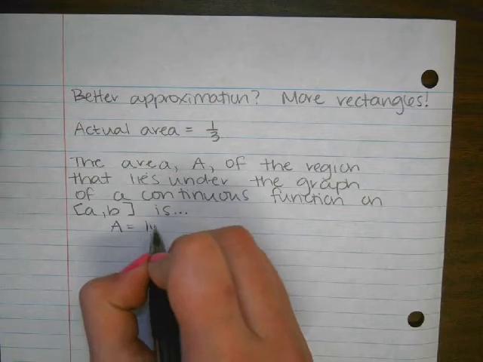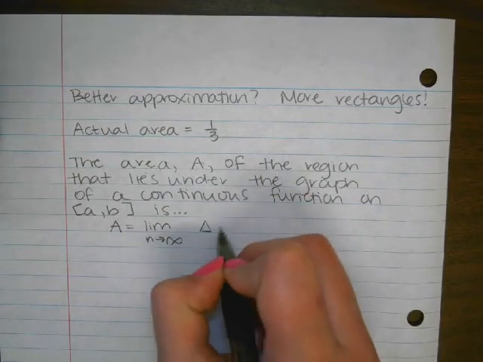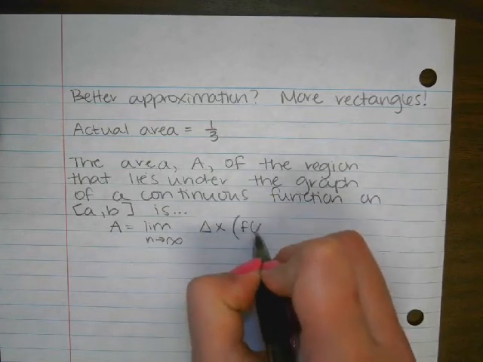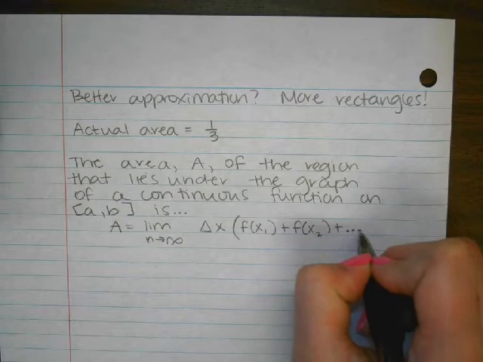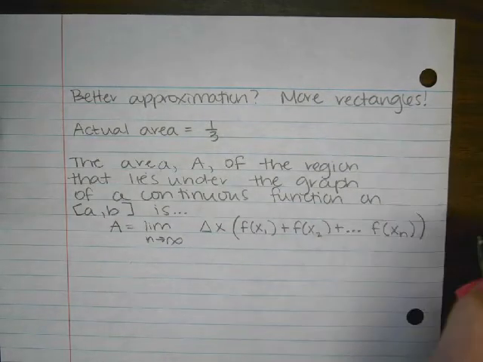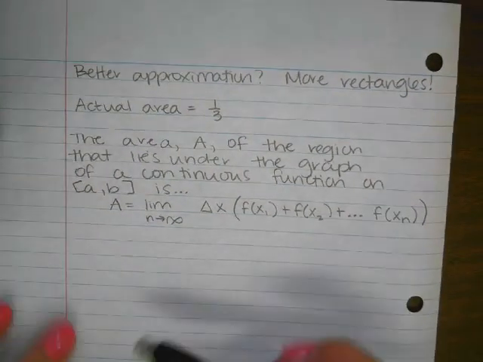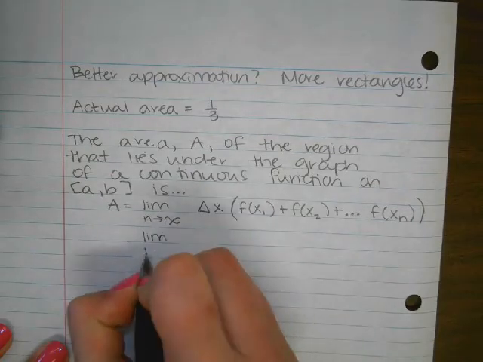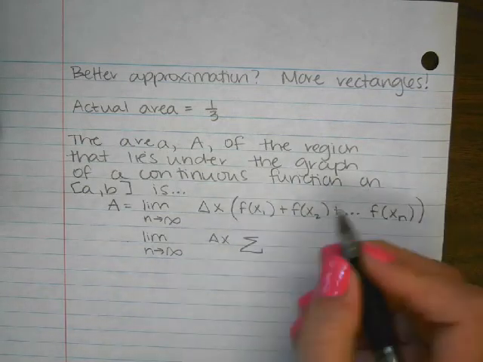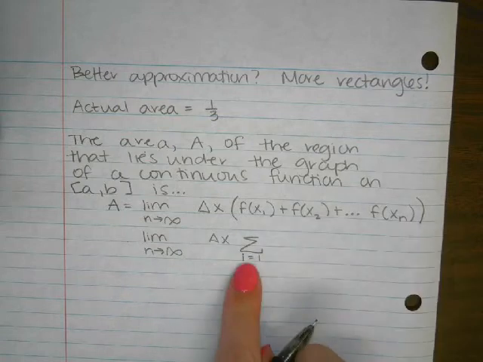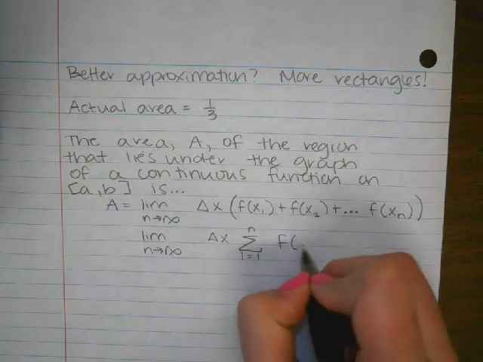We have the limit as n goes to infinity of delta x times f of x1 plus f of x2 plus f of x sub n, which is the limit as n goes to infinity of delta x times the summation as i equals 1 to n of f of x sub i.